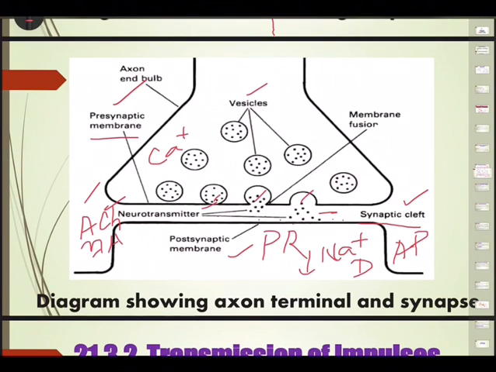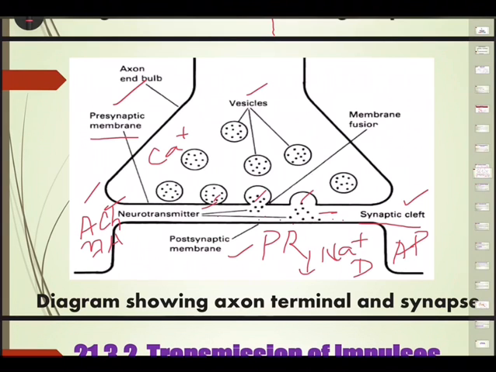So this is how the conduction of nerve impulse will take place, and the nerve impulse not only generates or conducts, it also passes on. So this is how, from one neuron to the next neuron, through neurotransmitters in a chemical way, impulse will be generated and transferred from one to another.